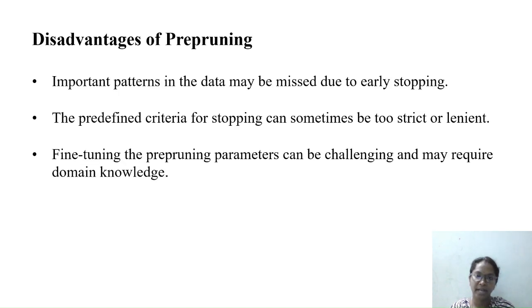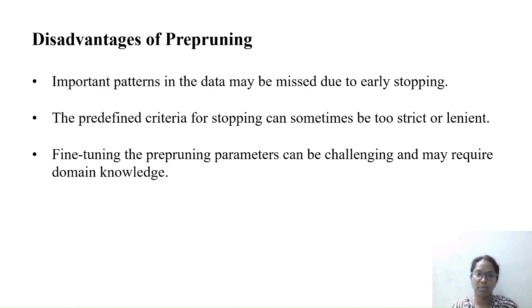Some of the disadvantages of the pre-pruning approach are: important patterns in the data may be missed due to earlier stopping. Mainly, the pre-pruning approach stops the construction of the tree at the earliest stage only.